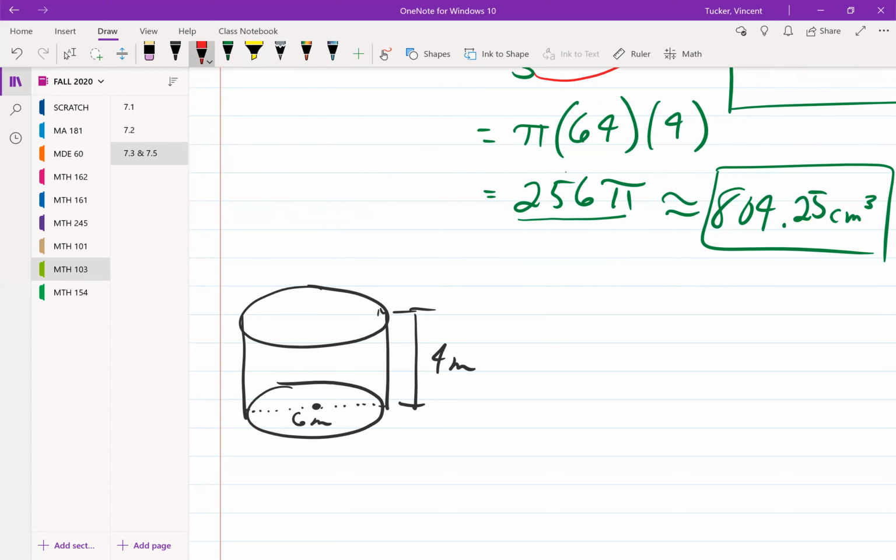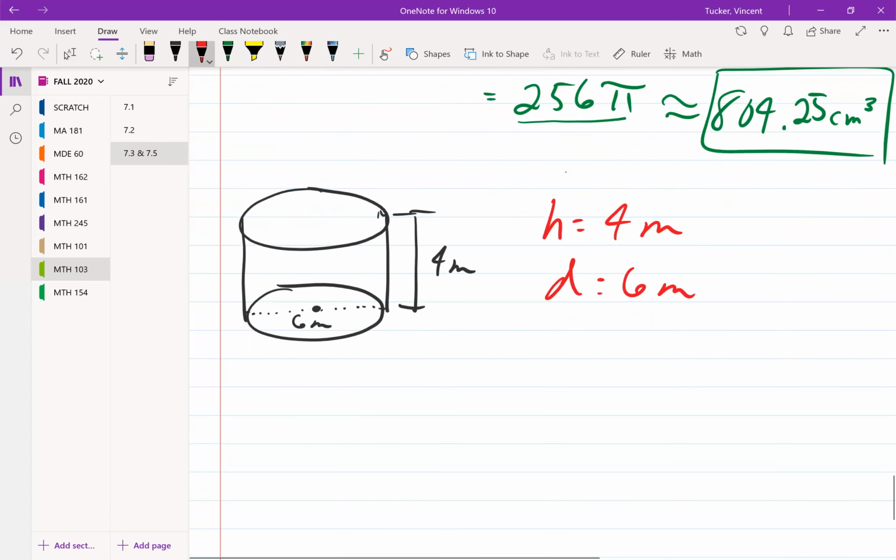So make sure we're careful with what they gave us here. The height, which is h, is 4 meters. Diameter is 6 meters. The formula for the volume of a cylinder.